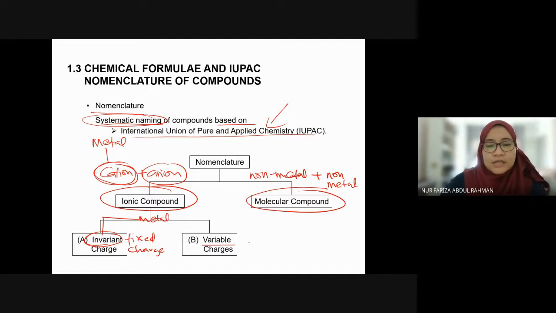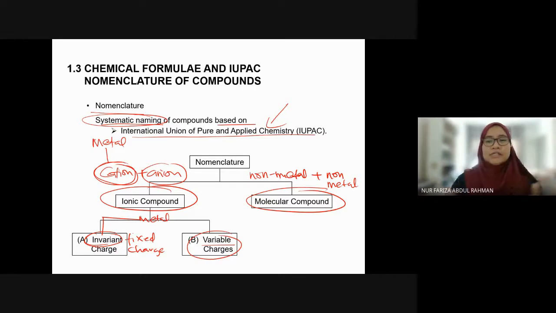So it is not fixed. It can be changed to another charge. Mostly the metals with variable charges come from the transition elements.